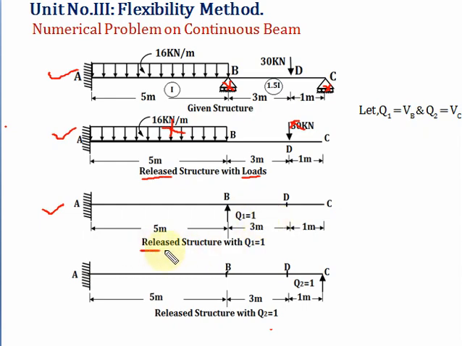In the next figure again the loads are removed, and we have applied the second unknown, that is vertical reaction at C, Q2 equal to 1. So this is the release structure with Q2 equal to 1.